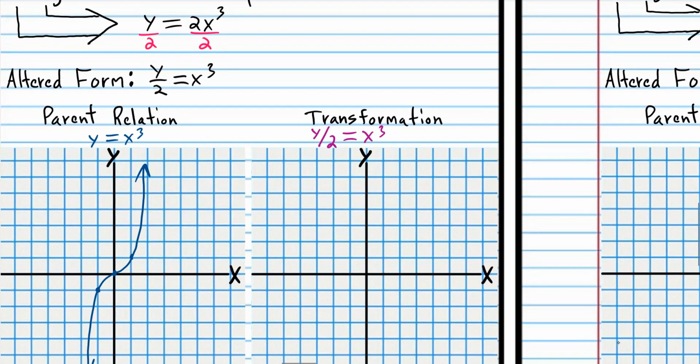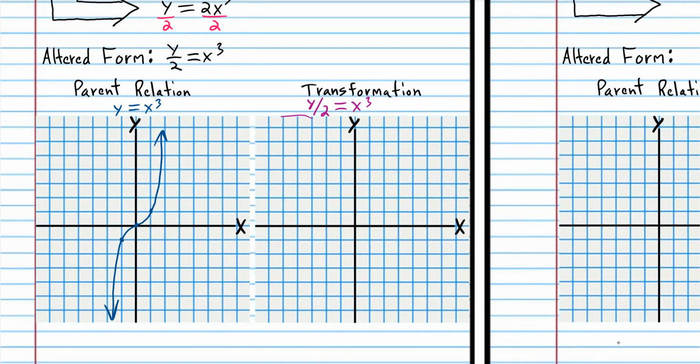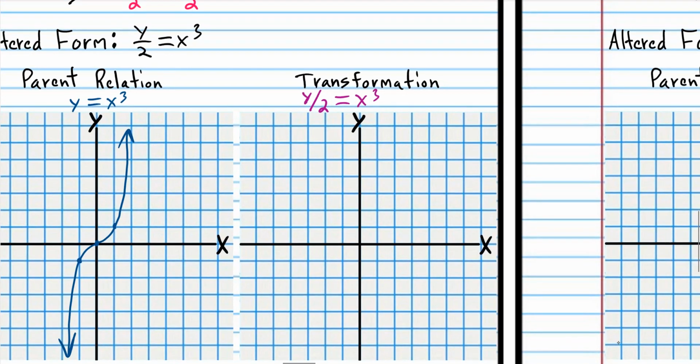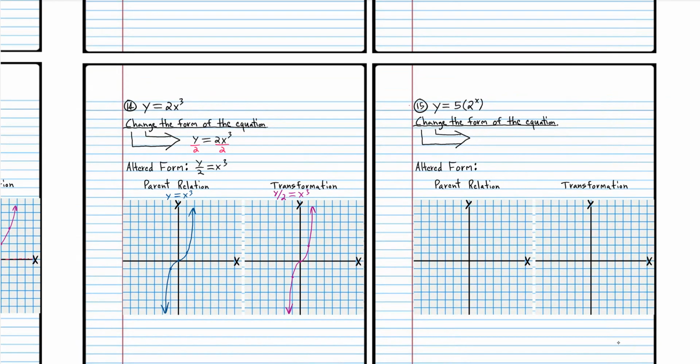So the only difference in that equation is that we have y over 2 rather than just y. So that tells us we're going to multiply all the y values in the previous graph by 2. Again, it's the opposite of what you would think. And there you go. So if you got that one right, excellent.